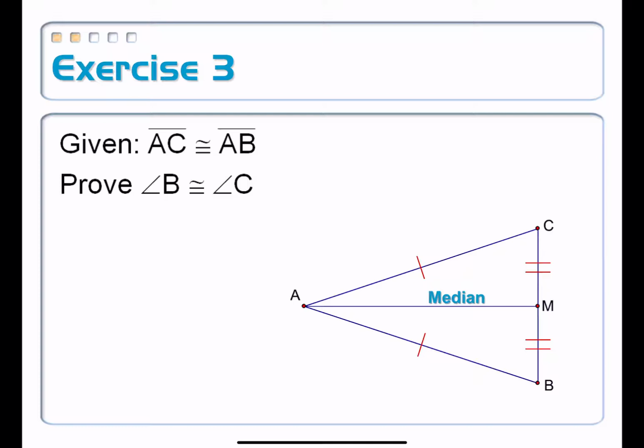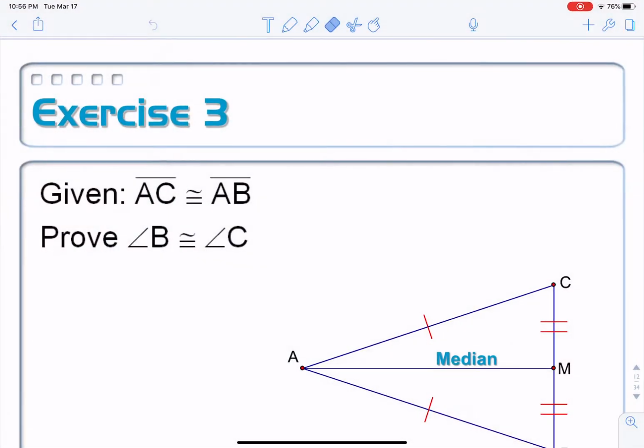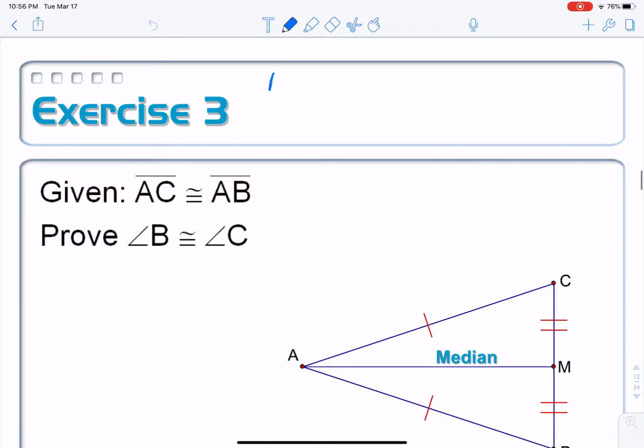I'm going to write down a definition of a median. Actually, I need to write this over here on Notability. Okay, so a median is a segment, that says segment if you couldn't read it. Oh, here, let me clean that up for you.